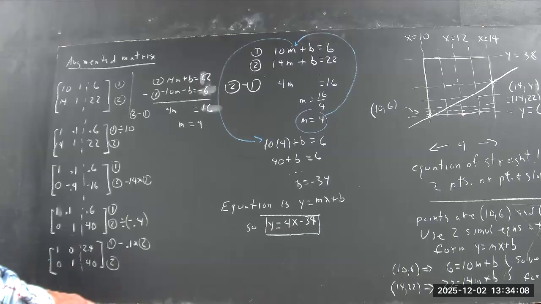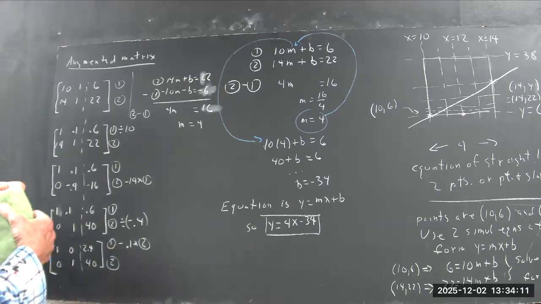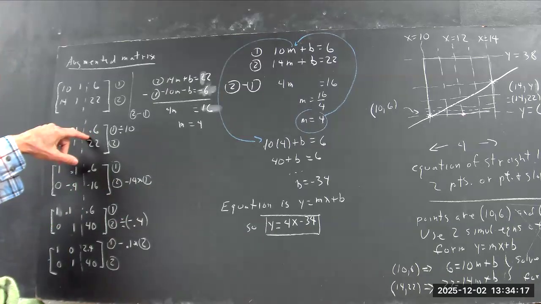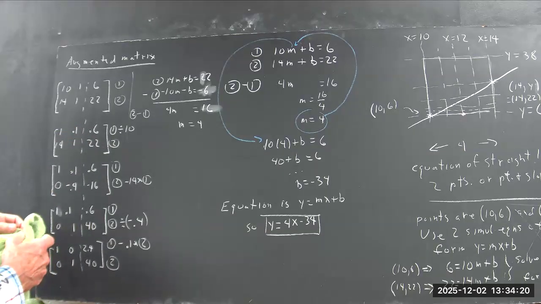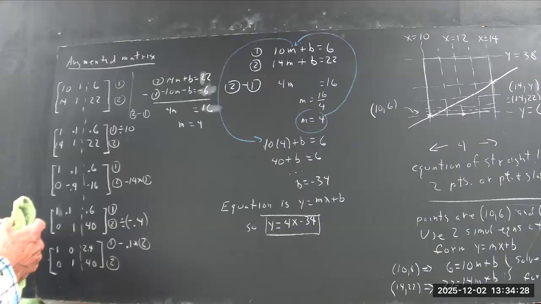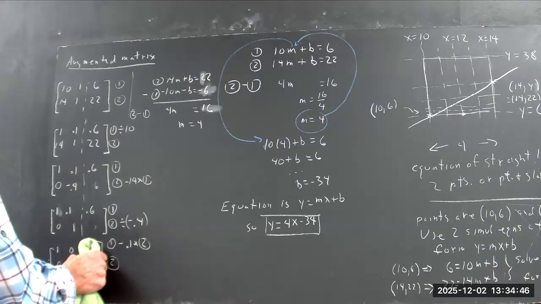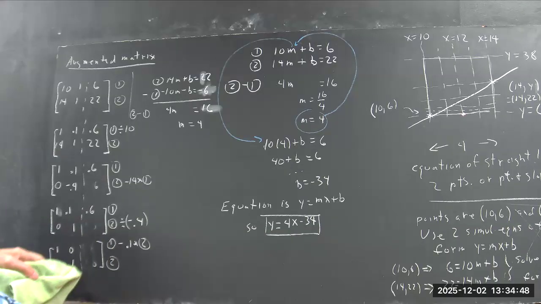Okay. Process is correct, but I got a bad number up here, and I probably should have written this out. 14 times row 1 gives me an 8.4 here. And these numbers were wrong.